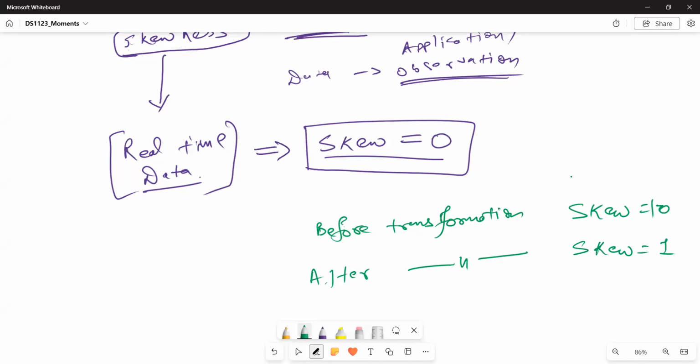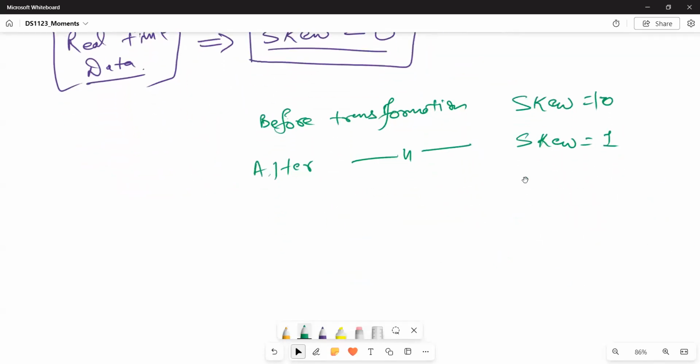Because if we are not able to get something, we try to achieve as close a number as possible. Right? Because the closer we are to zero, we are basically making a better impact, or we are trying to fulfill the prerequisites of machine learning.